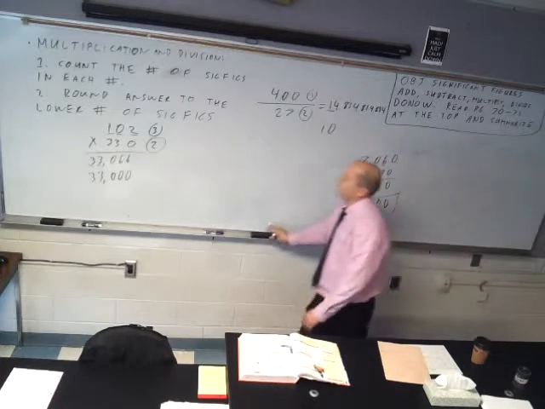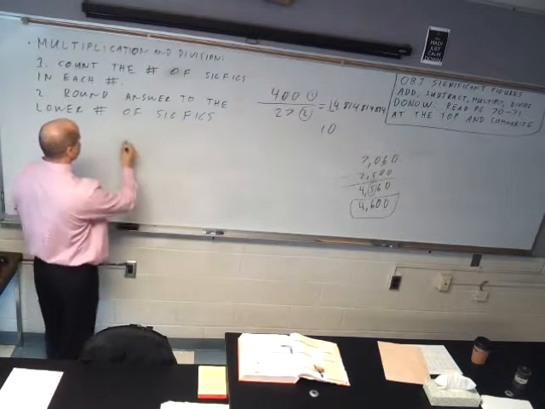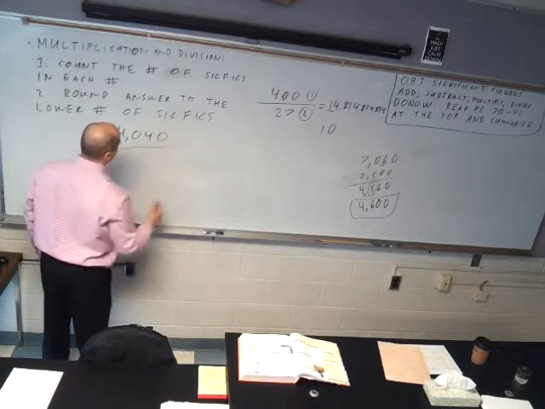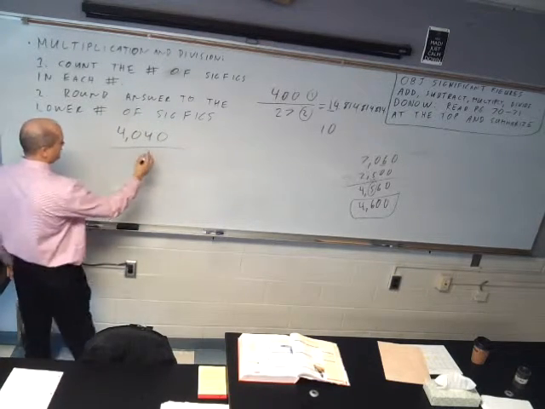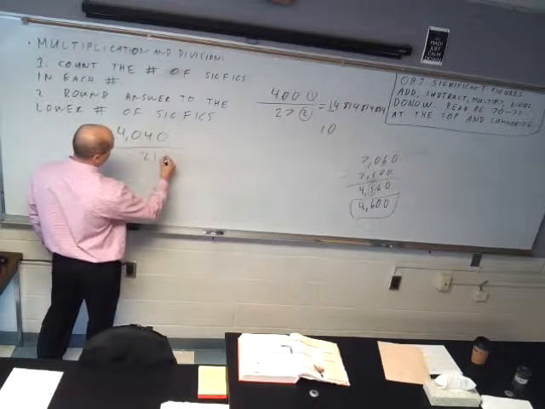Yeah. Okay. You want another multiplication or another division? Division. All right. 4,040 divided by 21.72.